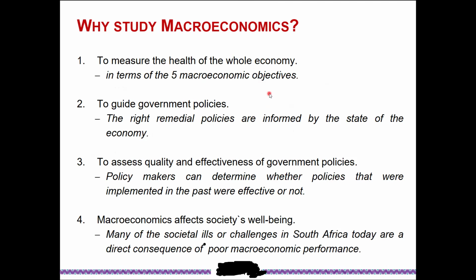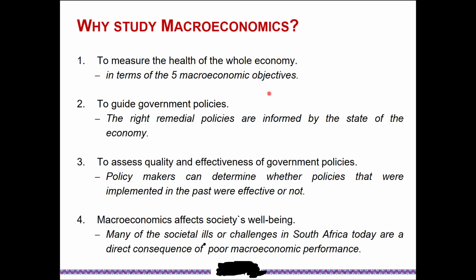So why do we study macroeconomics? We study macroeconomics to measure the health of the whole economy. And we measure the health of the economy in terms of the five macroeconomic objectives. The five macroeconomic objectives are, first, economic growth, which is basically an increase in the total production or an increase in the rate of real GDP.